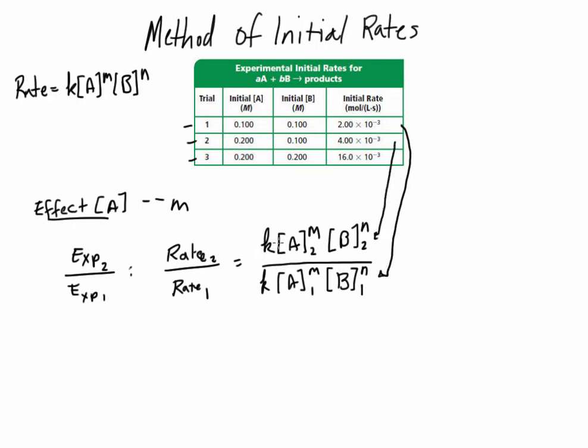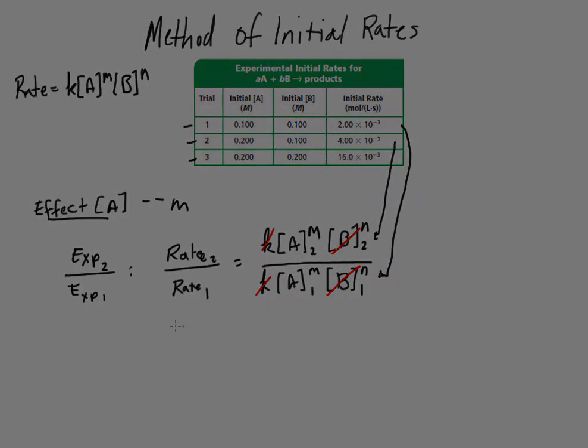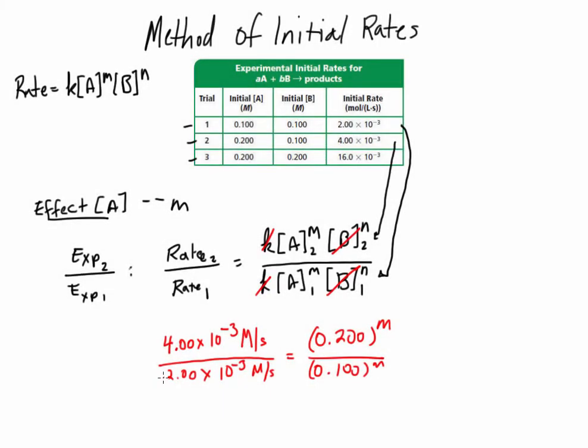Now if we look at this, we can see right away that the k's are going to drop out, because it's a constant. In experiments 1 and 2 the concentration of B was the same, so those drop out too. So essentially I take my rates of 2 and 1, and my concentrations of A, to the m power. It should be pretty obvious what's going to happen here.